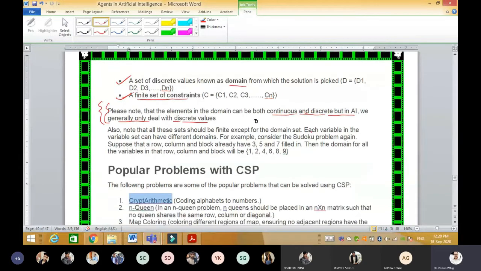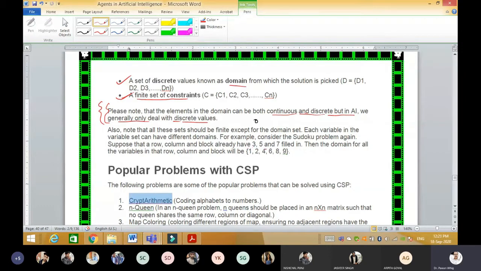Okay. Now, also note that all these sets should be finite, except for the domain set. Each variable in the variable set can have different domains. For example, consider the Sudoku game again. Suppose that the row, column and block already have 3, 5, 7 filled in.